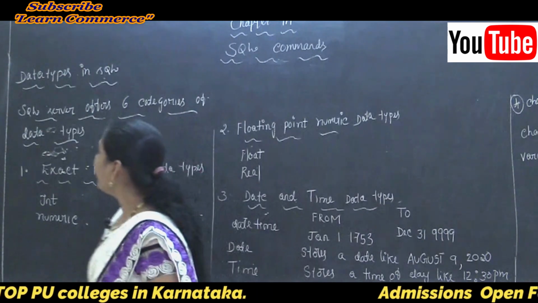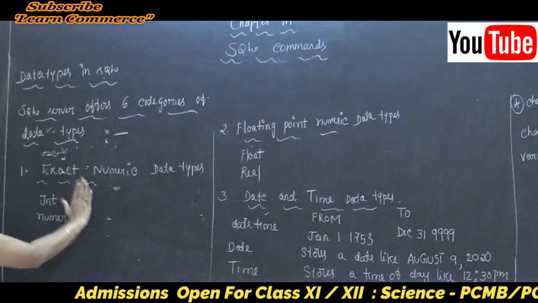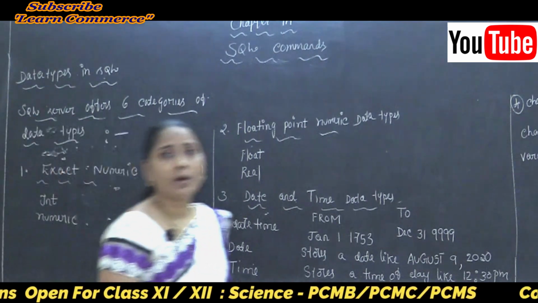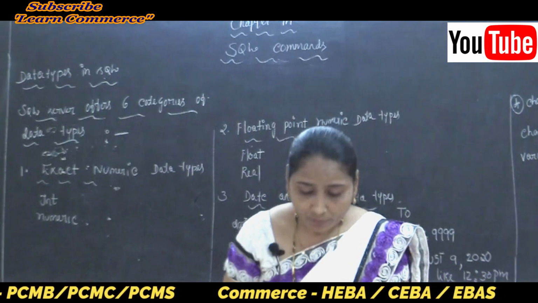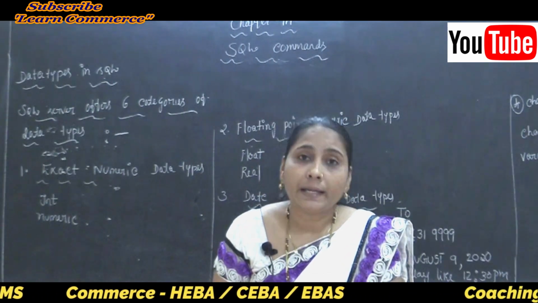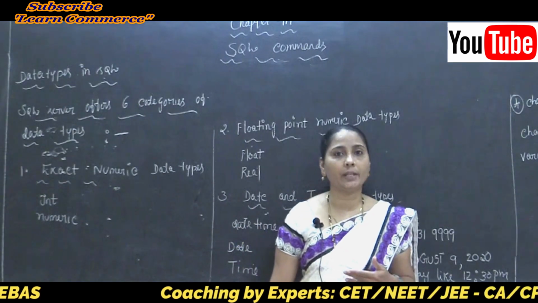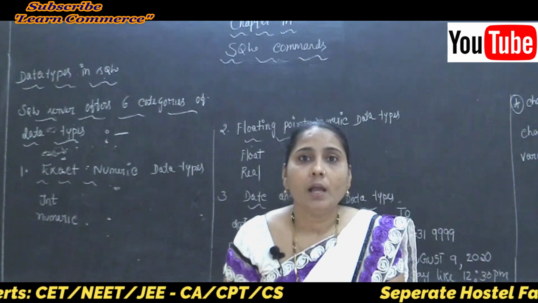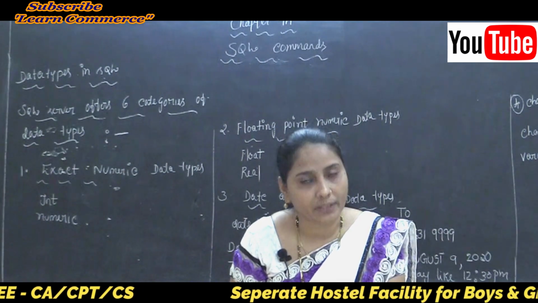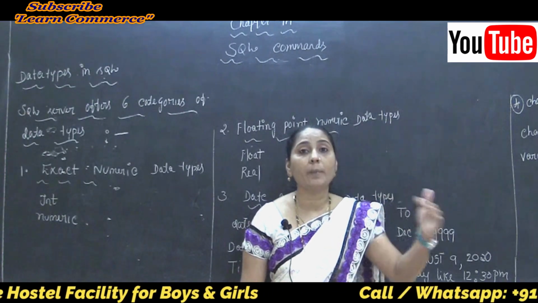Before going to tell about data types in SQL, let's explain data types in SQL. In SQL, a data type is an attribute. Why did I say it is an attribute? Because we know that an attribute is a column, the fields of a table, and the data type is mostly used in table columns.